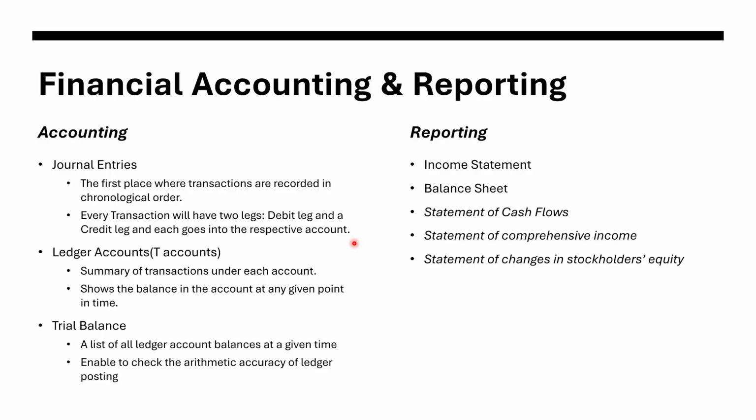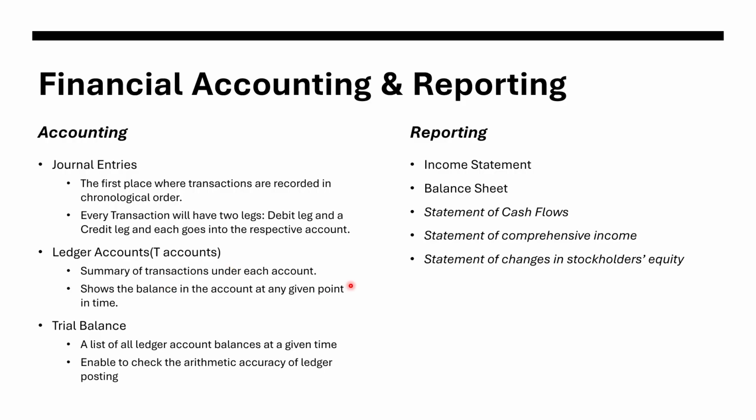Depending on the nature of the transaction, it gets into the different accounts after applying the different accounting rules, which we have already discussed. And from the journal, these entries are posted into ledger accounts, also called the T accounts.